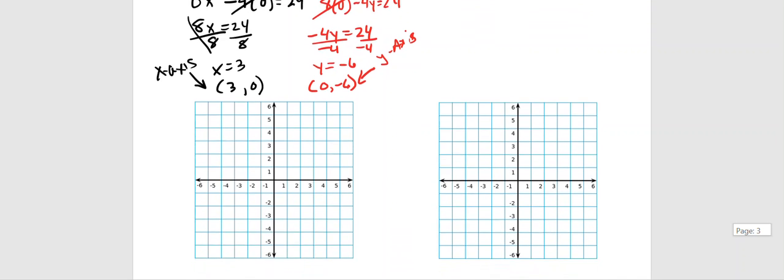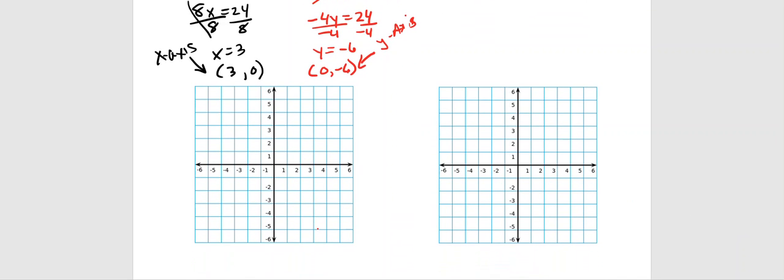The x-intercept, (3, 0): 3 to the right of the origin, 0 up or down because it's an x-intercept. And then likewise, for the y-intercept, I'm going to have 0, neither right or left, but 6 down, just at the edge of where I can be on this coordinate plane.